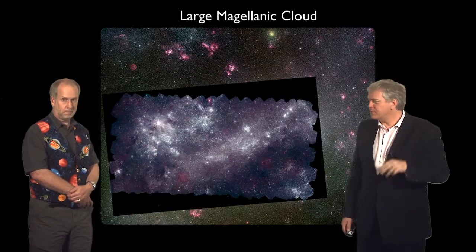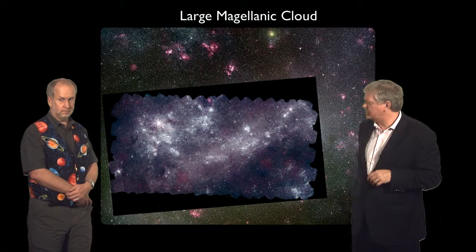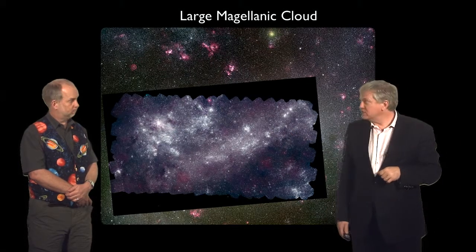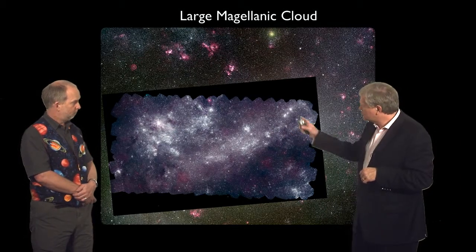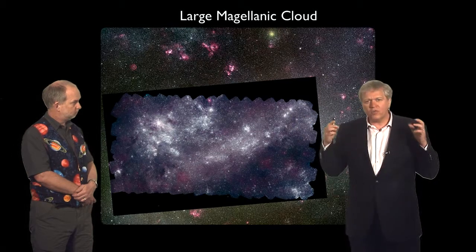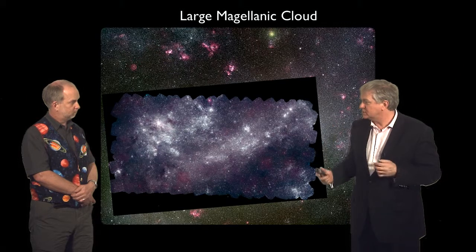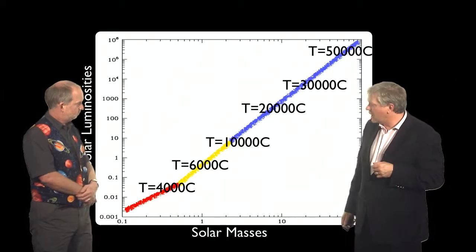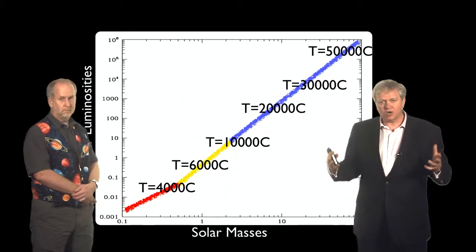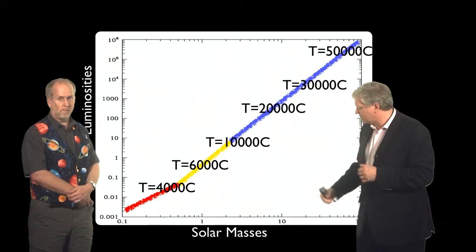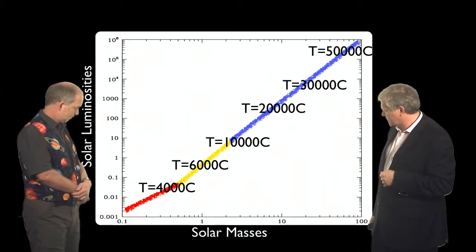And if we overlay a picture taken by the Swift satellite of the ultraviolet, we see there is a lot of ultraviolet coming out, and it turns out to be lined up on all the big, massive stars that are really hot and really bright. And so if we were to plot how bright stars are as a function of how massive they are, you get a diagram that looks like this.